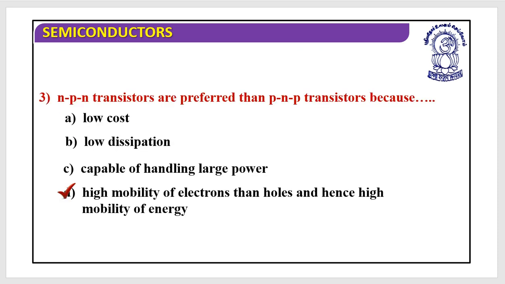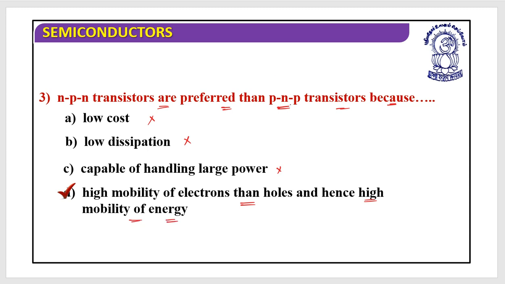Next, NPN transistors are preferred over PNP transistors because of: low cost, no. Low dissipation, no. Capable of handling large power, no. High mobility of electrons compared to holes, yes.